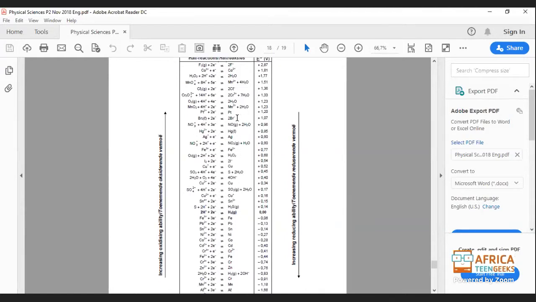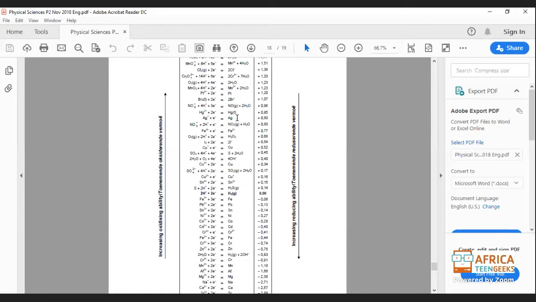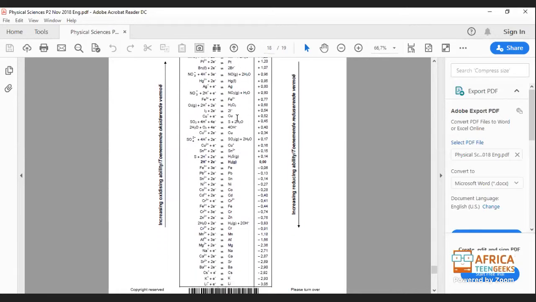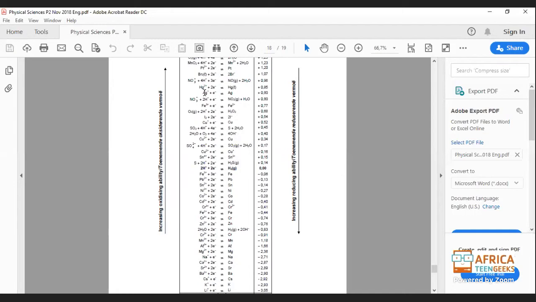It should have a value of plus 1.5, but it's going to be up here.